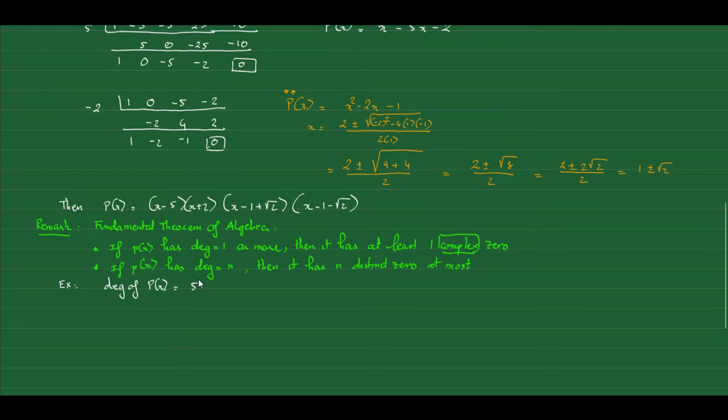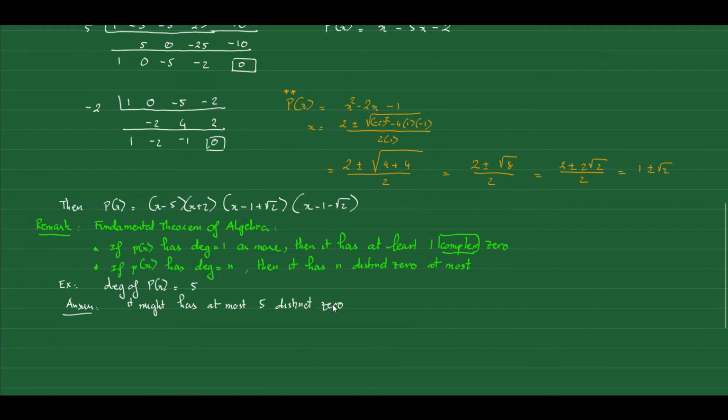Then it might have 5 distinct zeros at most, but at least it has one complex zero. So here we can answer that it might have at most 5 distinct zeros.